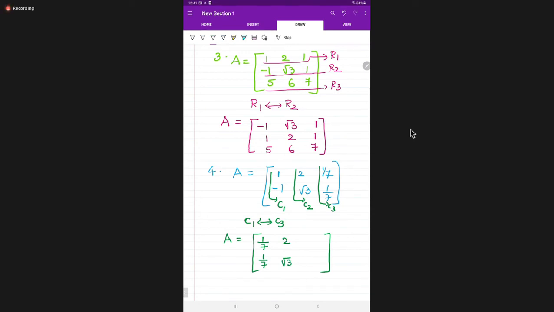In place of the third column, write the first column: 1, -1, 1.